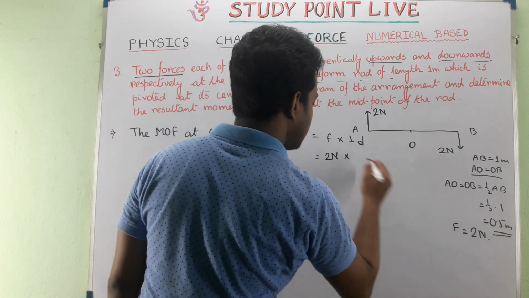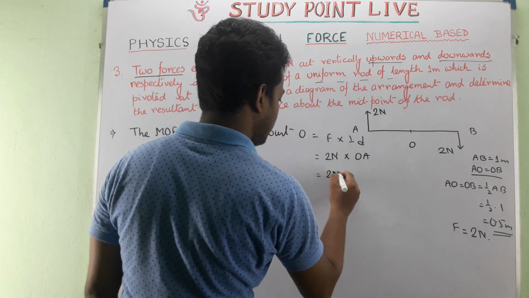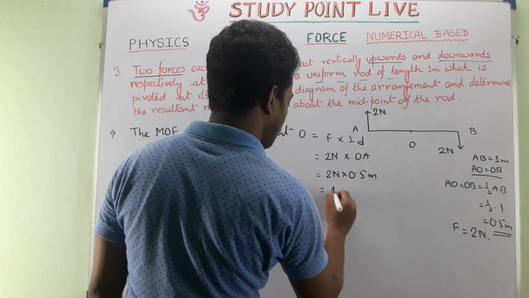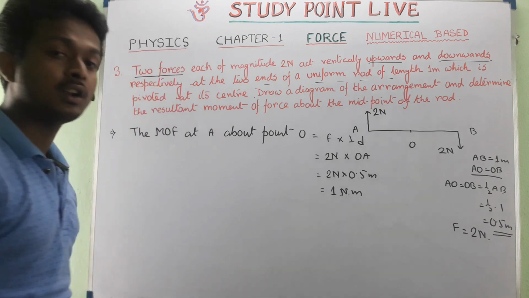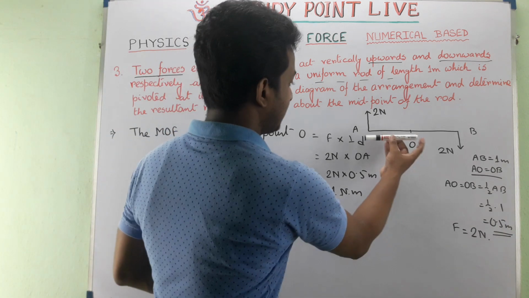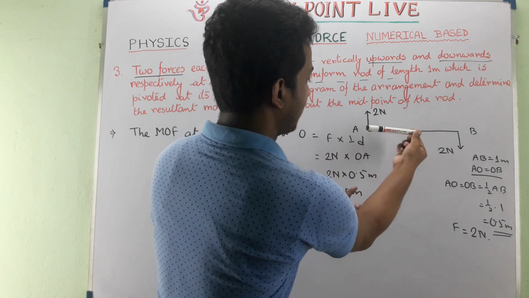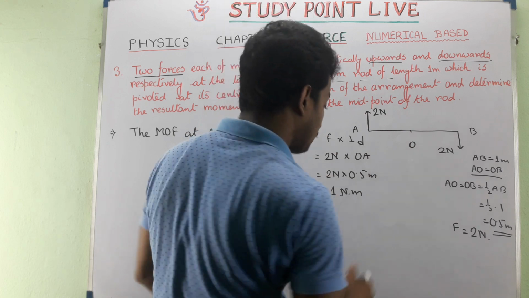You see here, that is OA, so 2 Newton into 0.5 meter, so it will be 1 Newton meter. Now what will be the direction of rotation? See, this is the bar suppose, and here this point is fixed, and here the force is upward, so the direction of rotation is clockwise.